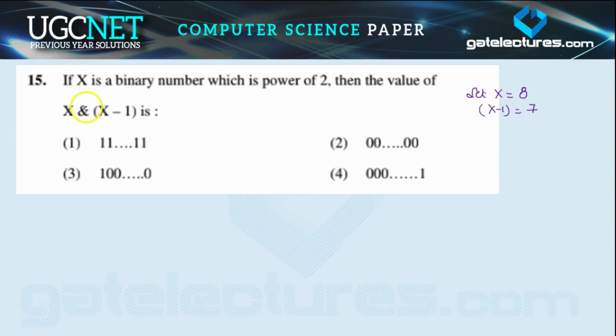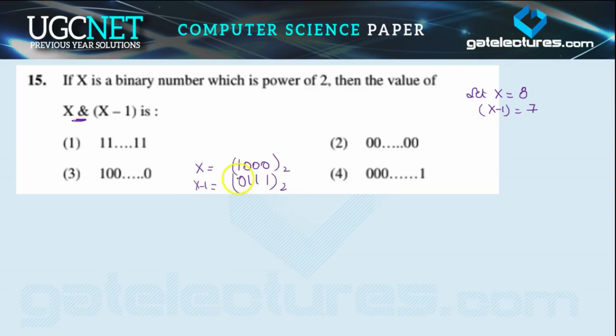If we apply the AND operator between these two, what will be the answer? How are we going to represent 8 in binary form? The x value is 8, which is 1 0 0 0 in binary form, and x minus 1 is 7, which is 0 1 1 1.